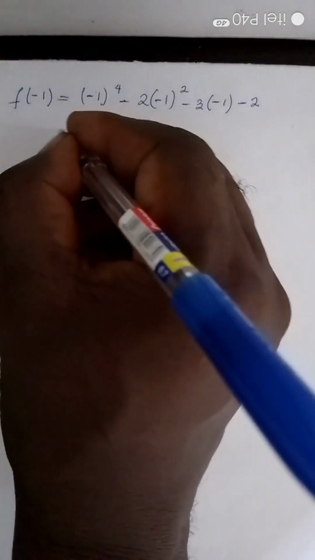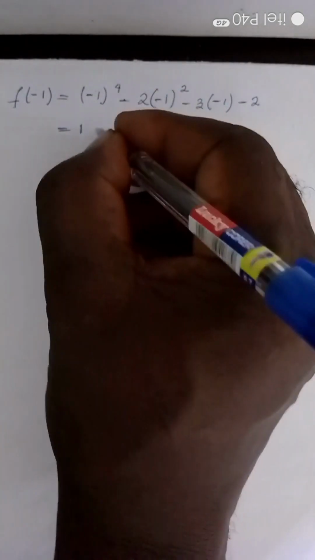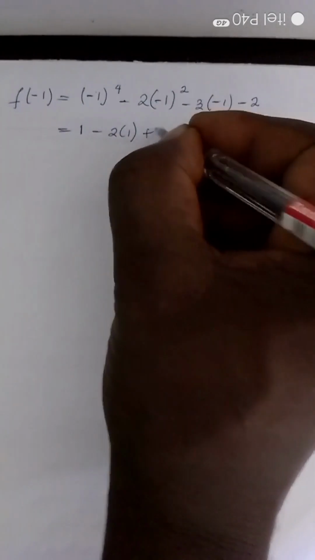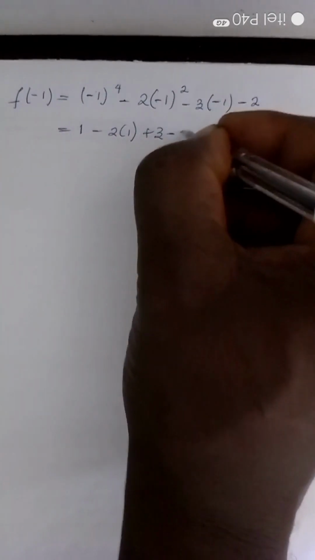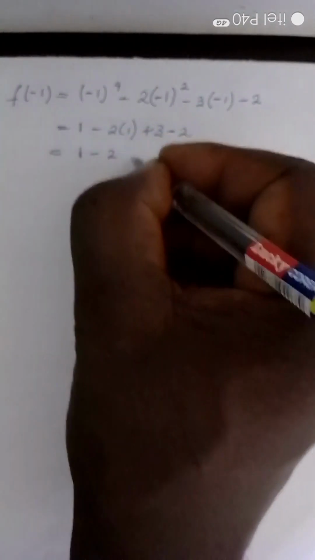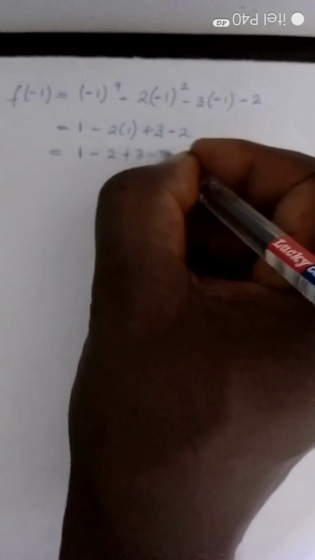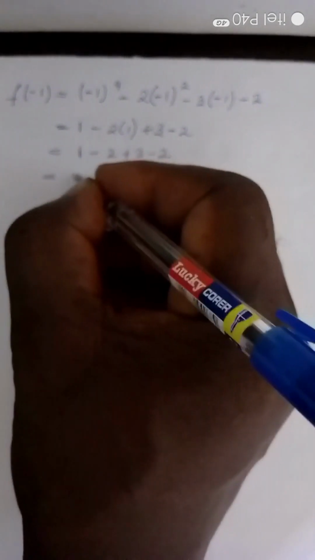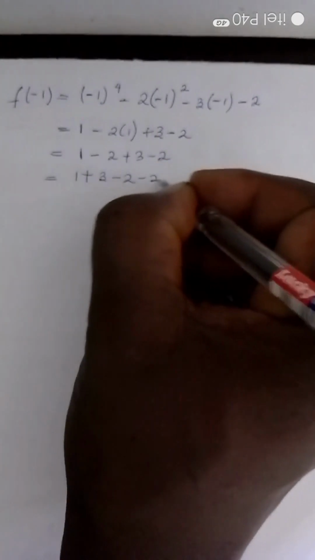So this will give 1 minus 2 times 1, then plus 3 minus 2. So we have 1 minus 2 plus 3 minus 2. So we have 1 plus 3 minus 2 minus 2.